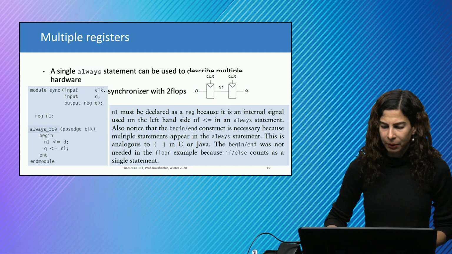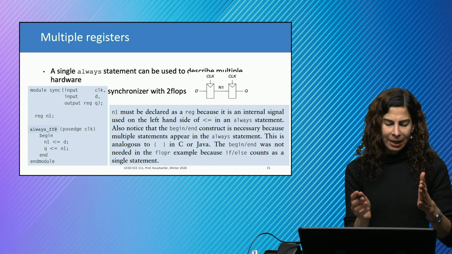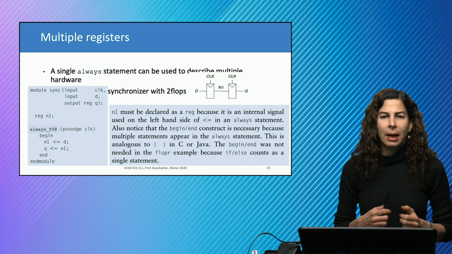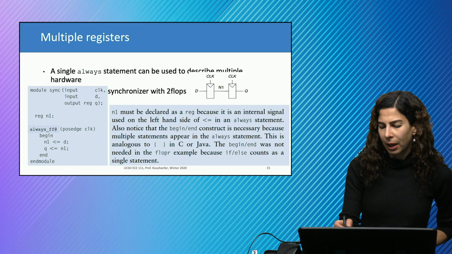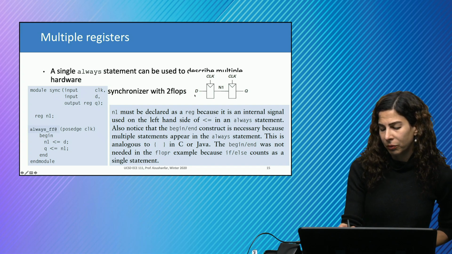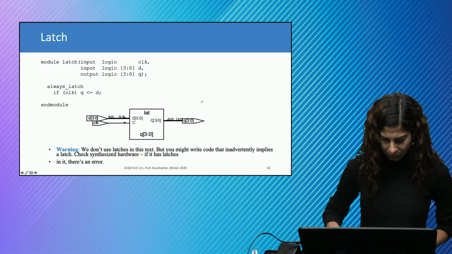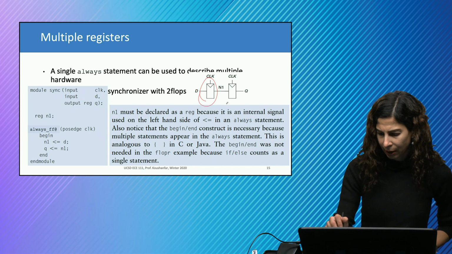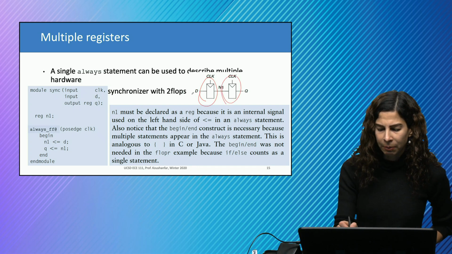Here, you could have more than just one flip-flop. For example, here we have one flip-flop here and one flip-flop here, and we just give the name of the input and output of these units.